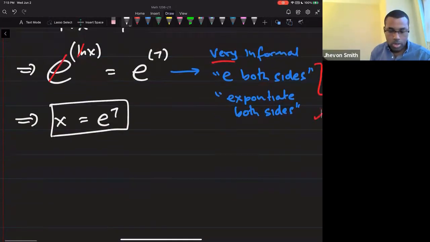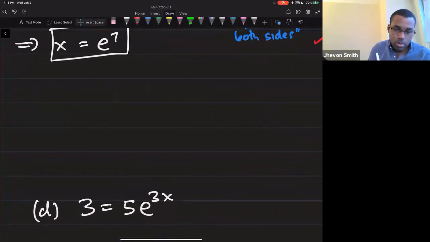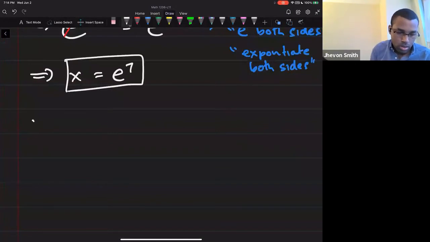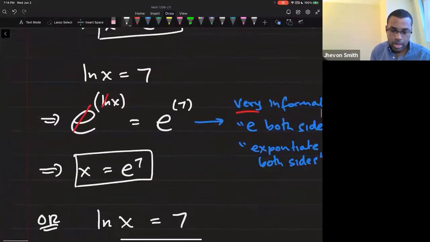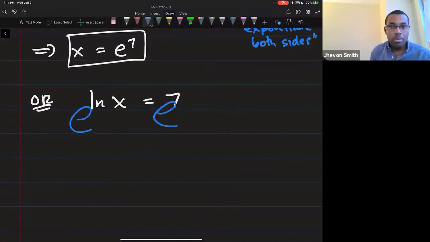Right? So I see ln of x equals 7 as it's given here. Sometimes I'll literally just write this on the problem and cancel in one step.